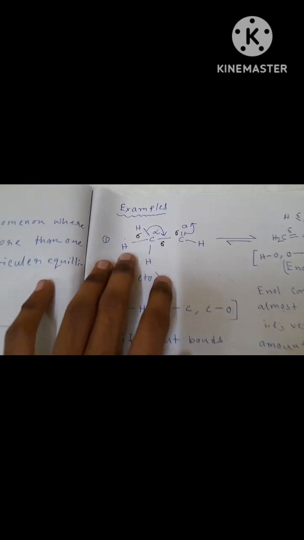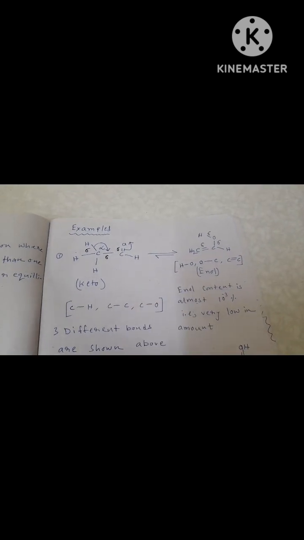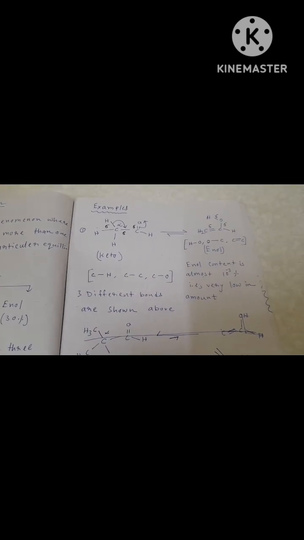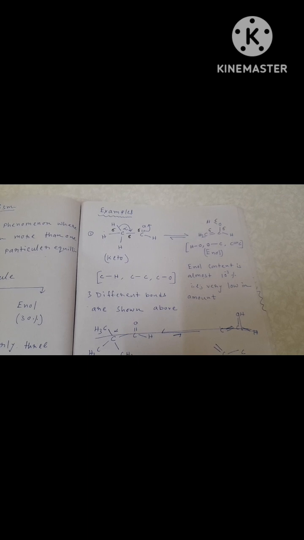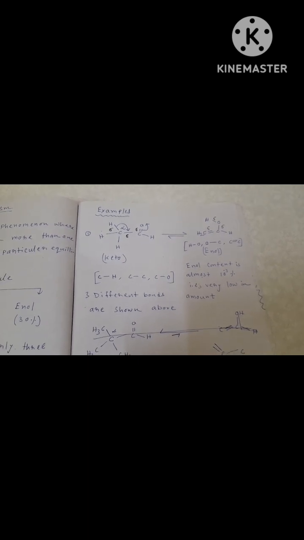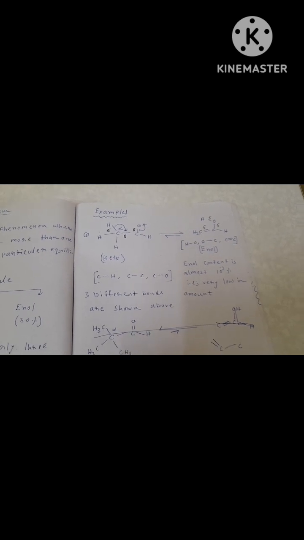So you can see these bonds are present, and here this is its corresponding enol form, and I have written here the three different bonds. So up to this you can understand that for acetaldehyde, keto is very much stabilized compared to enol, thus its population is higher.